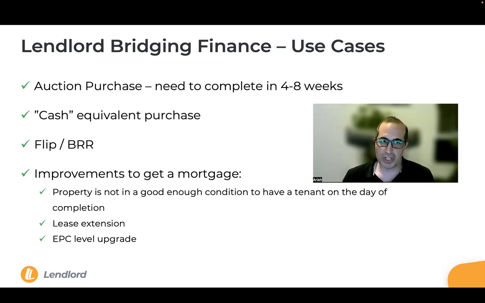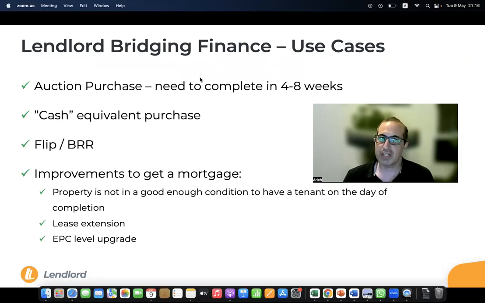Another example, as you can see in the list, is the lease extension. Some properties will come with a very short lease, and that lease won't necessarily satisfy many lenders. Many lenders want a minimum of 75 years at the outset, and if you can't satisfy that requirement, conventional mortgage lending won't be available.